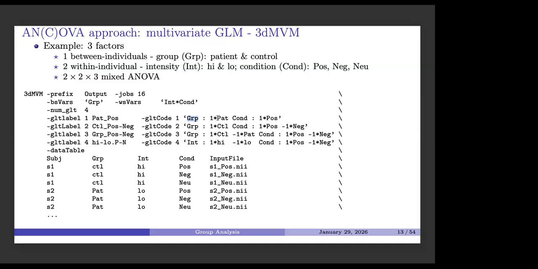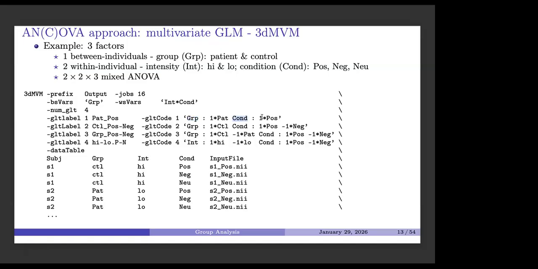For the coding, we use the weight before the star. The 1 means most of the time we use 1. Occasionally, if you want to use the average, you may use 0.5, for example, the average between the 2. But in other cases, usually the weight is 1. After the star is the factor level, so in this case it is patient. That's the group factor.